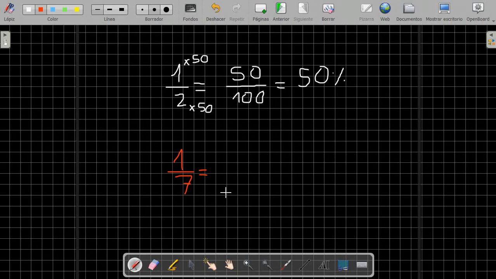If you multiply 7 by 14, it will give you 98. None of those results are 100. So what can you do in those cases where the denominator will never give you 100? That can happen. So what you have to do in those cases is multiply the fraction by this fraction, 100 first percent.